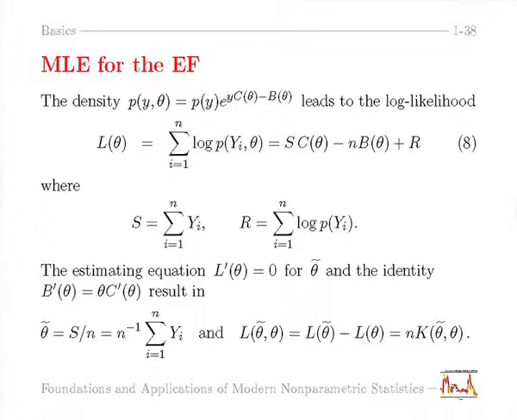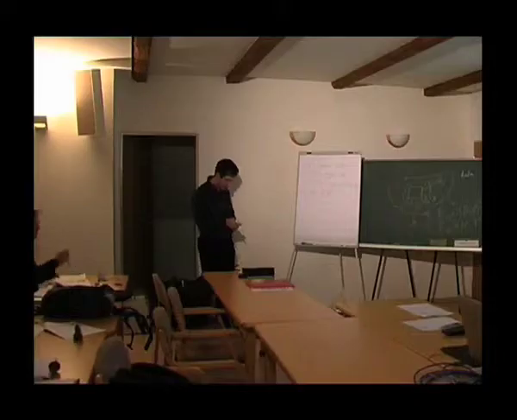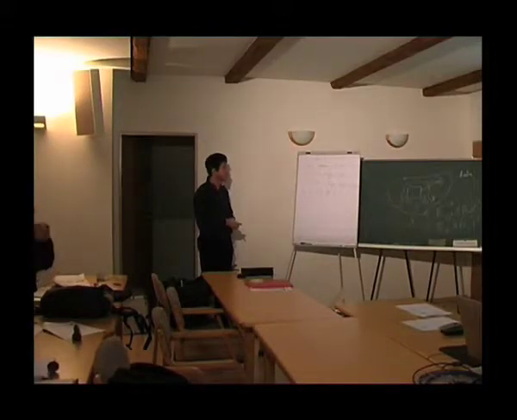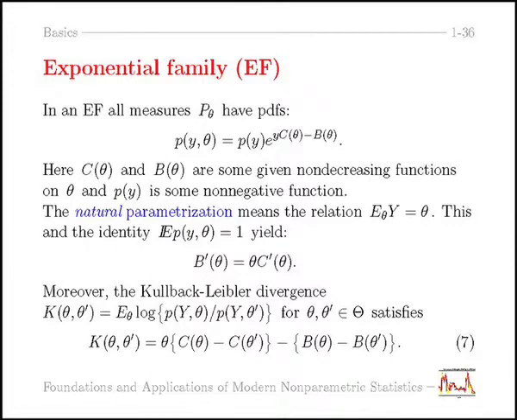So, it turns out all these examples belong to this exponential family with a canonical parameterization. Natural parameterization. Yes. Sorry. I have to learn this. So this natural parameterization means this very simple property that expected value of y under theta is equal to theta.